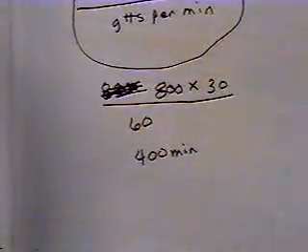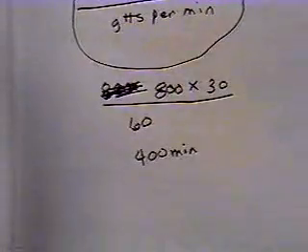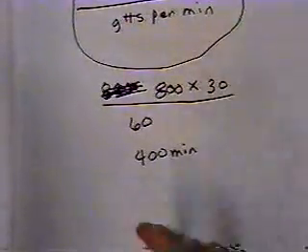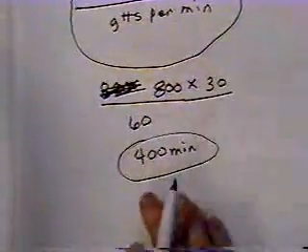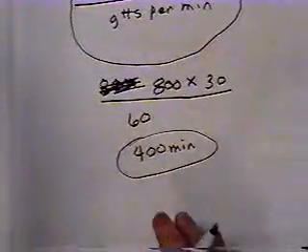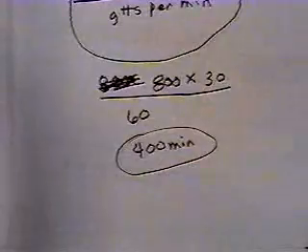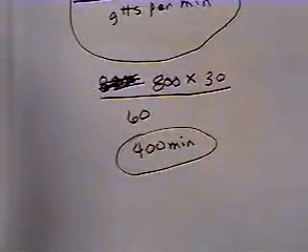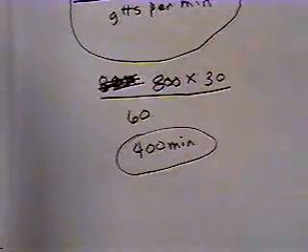We don't want to leave it 400 minutes because you don't want to sit there and watch your watch go for 400 minutes. We're going to change this to hours, but we're not going to our calculator, because if we take our calculator, 400 divided by 60, I get 6.6666 hours.